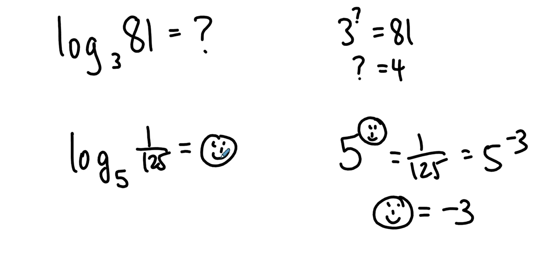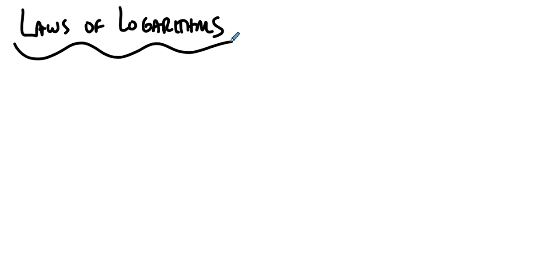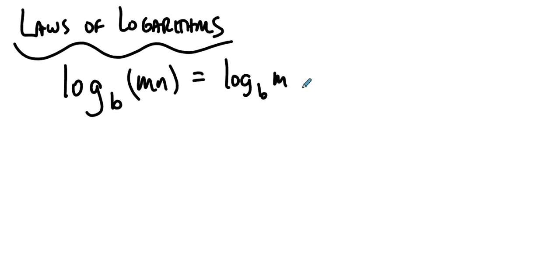And it's this sort of relationship that allows us to deal with all of the laws of logarithms. Oh, are these ever everywhere. The laws of logarithms. When you have the log of a product, that log is the same as adding the logs together.